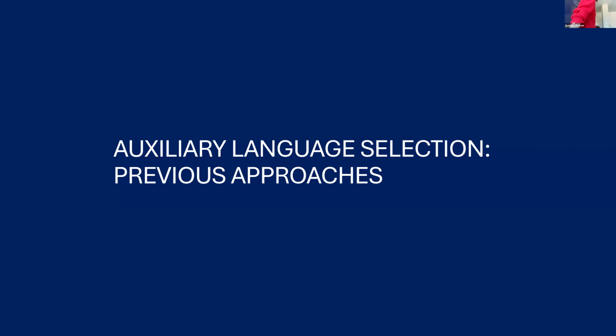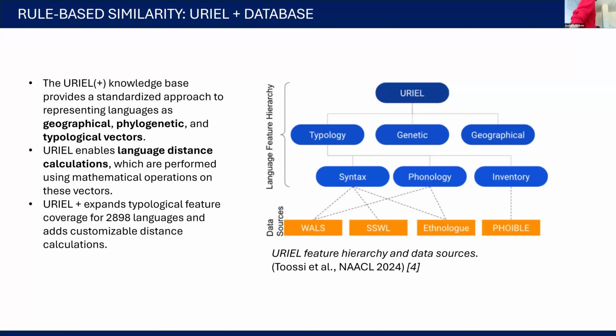Just a quick summary of previous approaches that people have taken, especially in terms of quantifying language similarity. This is the URIEL knowledge base, which is basically a database that collects theoretical information about languages by aggregating it from different data sources.